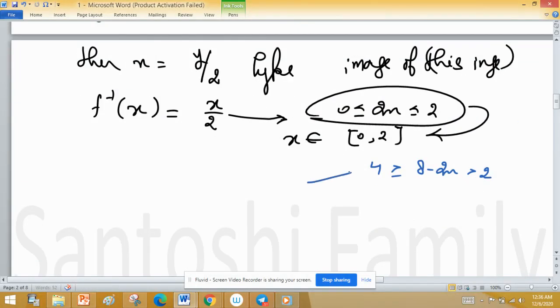Now this is my new part of the domain, because some part was this, and some part is this new part of the domain.